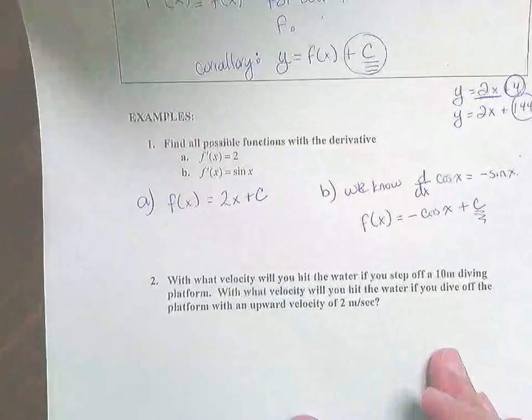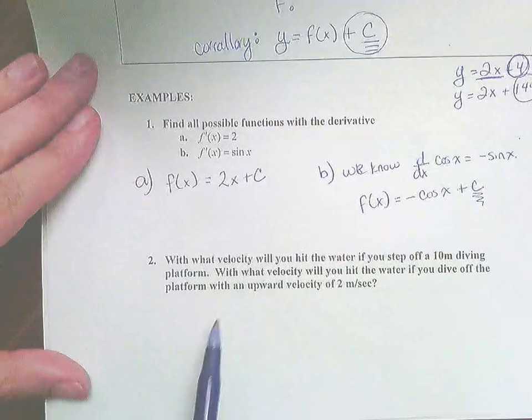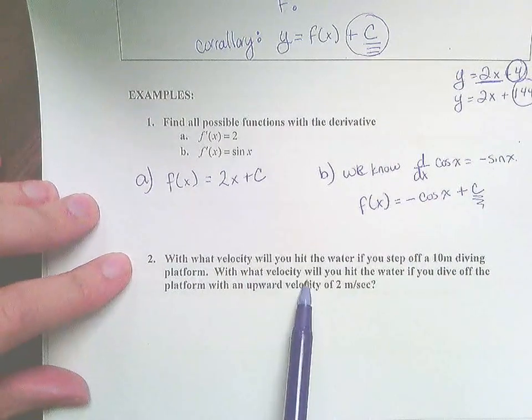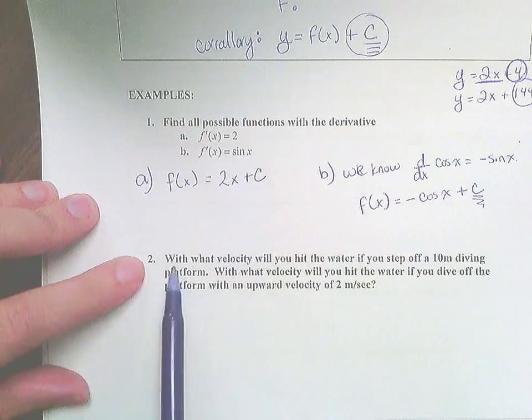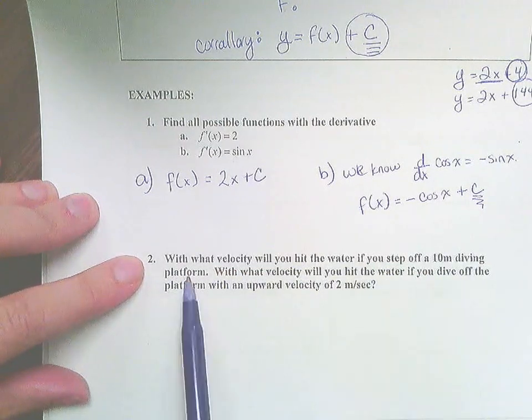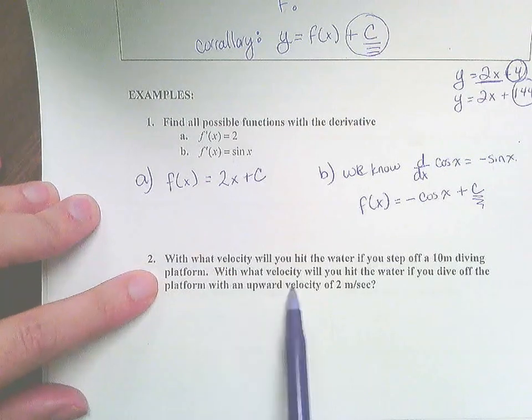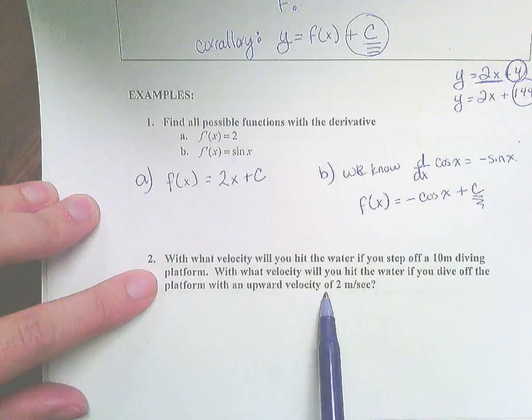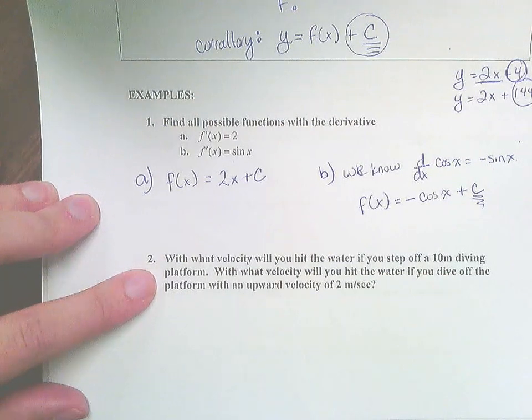Okay? All right, number 2 is using antiderivatives to kind of work backwards. So here, with what velocity will you hit the water if you step off a 10-meter diving platform? And with what velocity will you hit the water if you dive off the platform with an upward velocity of 2 meters per second?